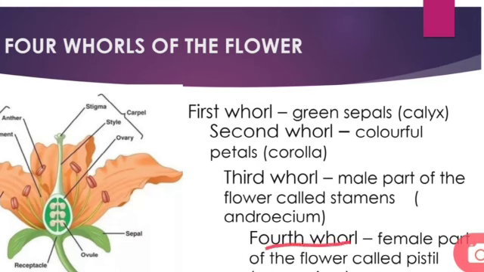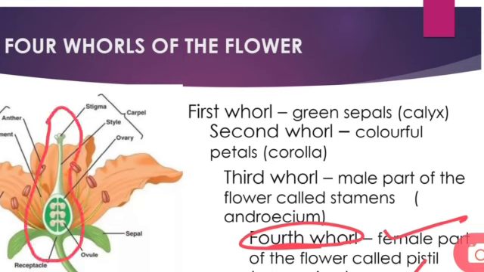The 4th whorl is the female part of the flower, and it is known as pistil. Now if you see the middle part of the flower, this middle part is the female part of the flower, and it is collectively known as gynoecium.